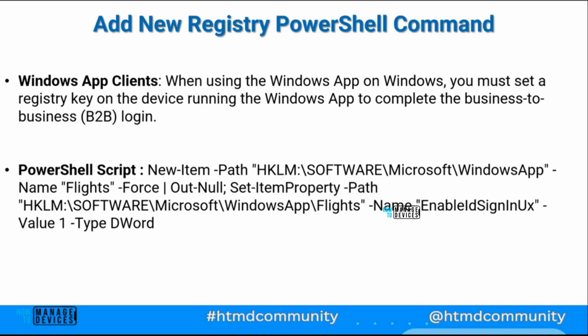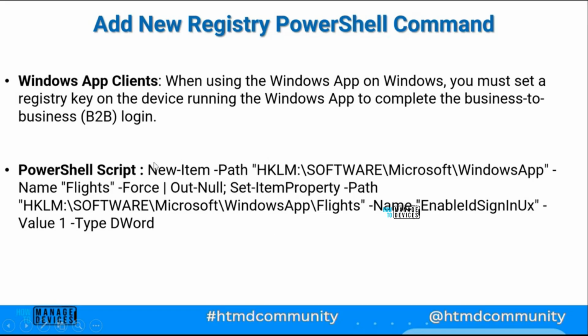And regarding one particular registry addition which is required for the Windows app client: when you're using the Windows app for Windows, you must set a registry key on the device running the Windows app to complete the B2B login. This means you can still switch to the B2B login in the browser, but if you're using the Windows app, you should add this particular registry key to the system.